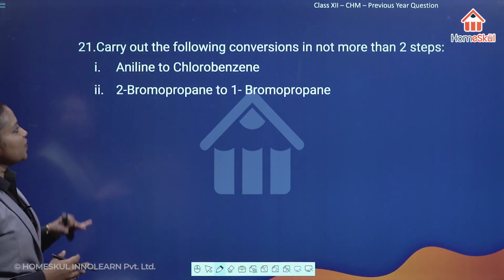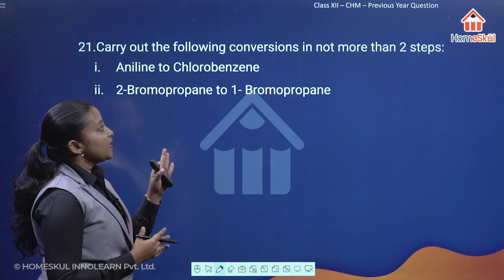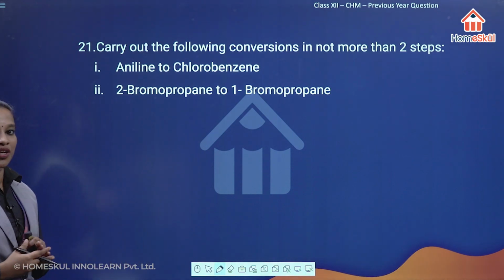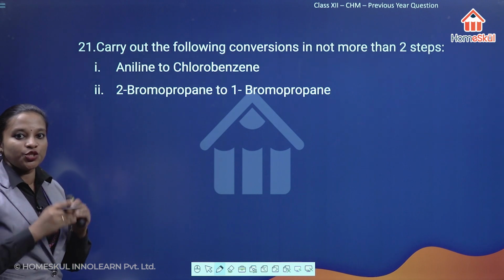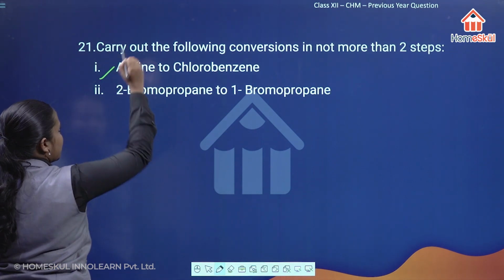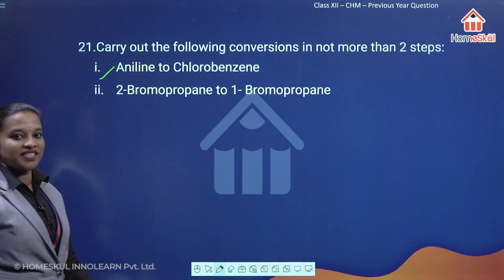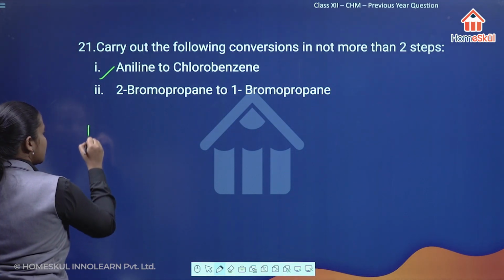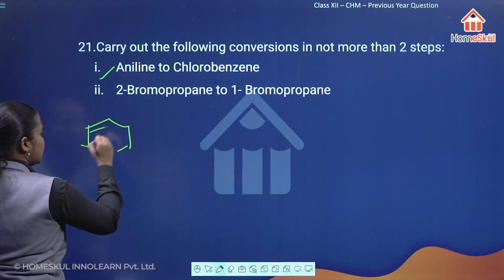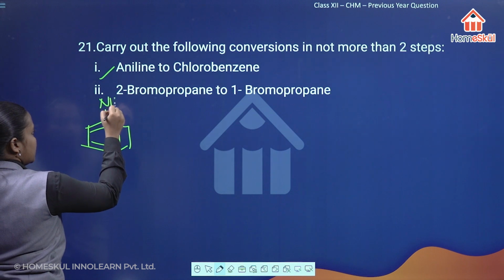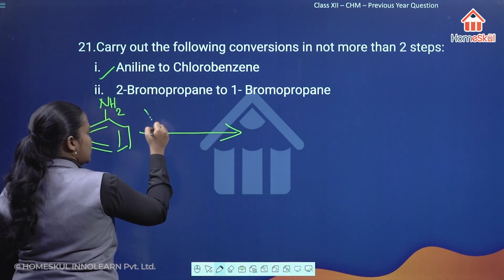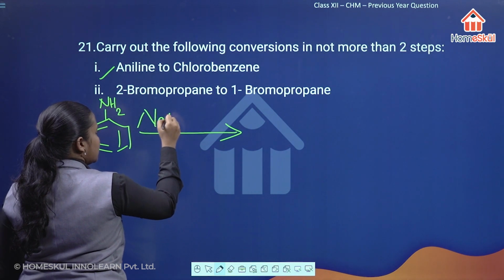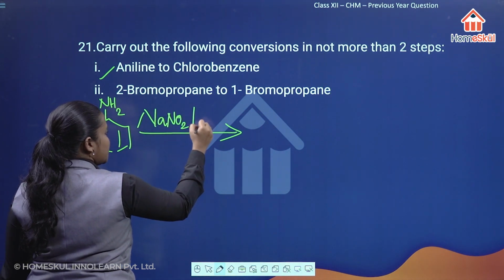Yes, carry out the following conversions in not more than 2 steps. Okay, we have 2 conversions which need not exceed 2 steps. Let's see the first one: aniline to chlorobenzene. First, aniline is here. We do diazotization here with NaNO2 and HCl.